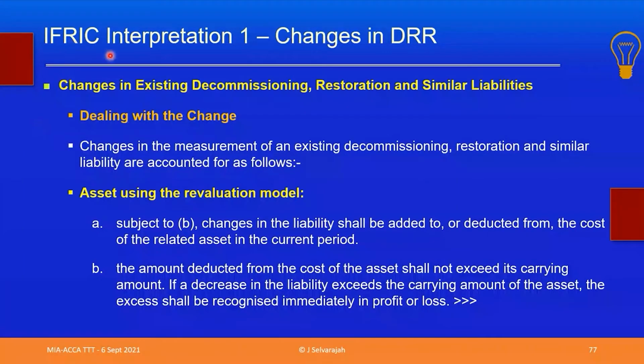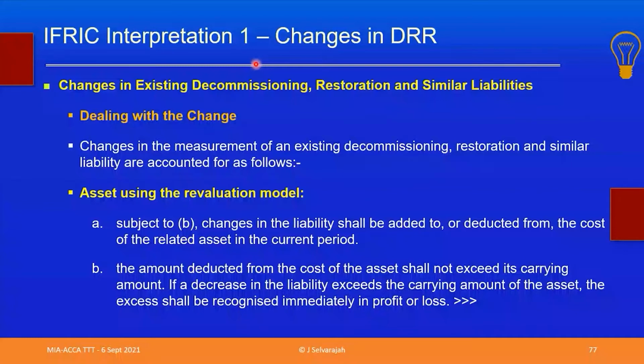Now there is an IFRIC interpretation. What happens? Because over the years, there is going to be a change in the rate because you cannot predict for 20 years now. What happens if there is interest rate change? What happens if there is an inflation and so the 5 million that we provided is grossly not enough?